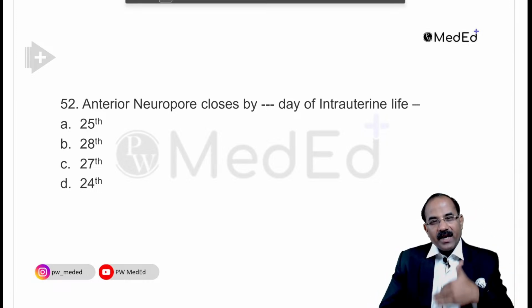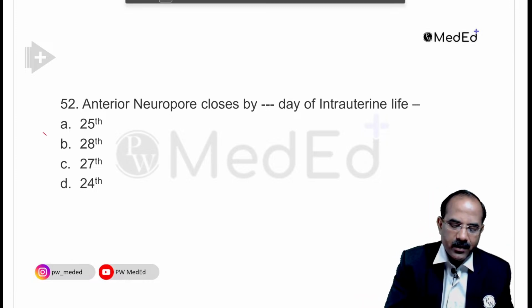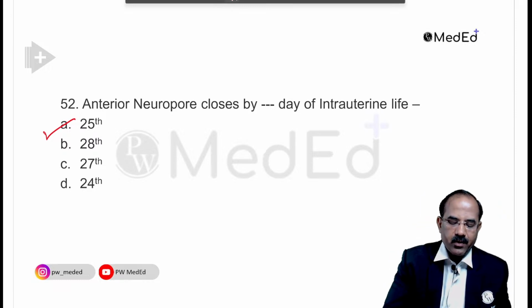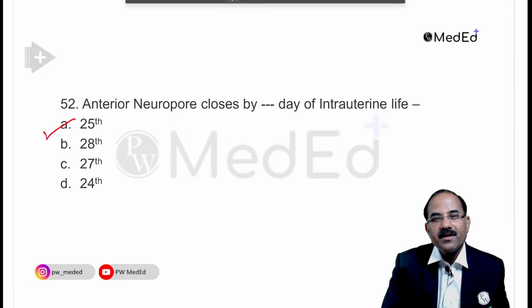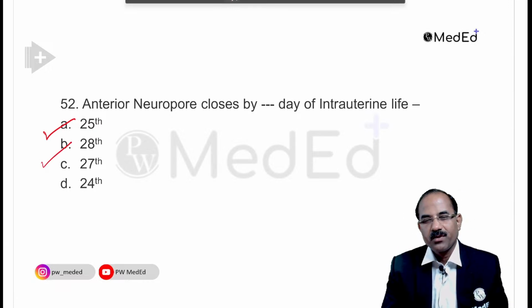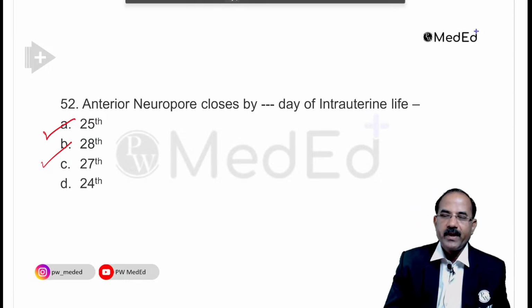The posterior end is known as the caudal neuropore. The cranial neuropore or the anterior neuropore closes by the 25th day, and the posterior neuropore closes by the 28th day of intrauterine life.